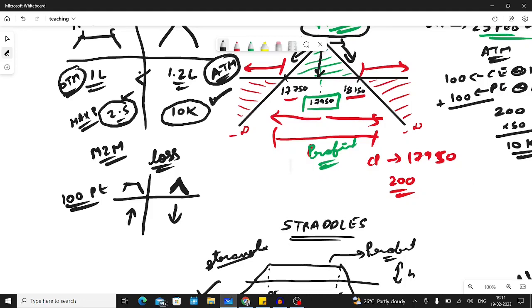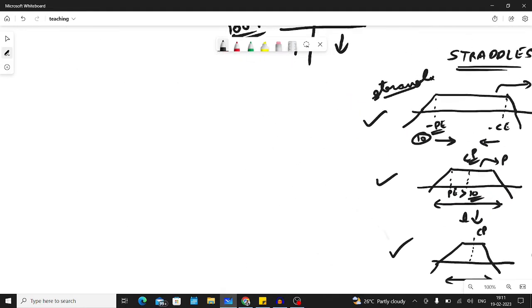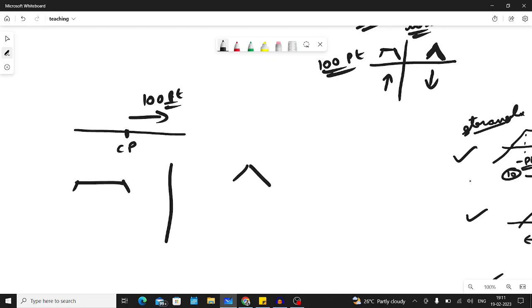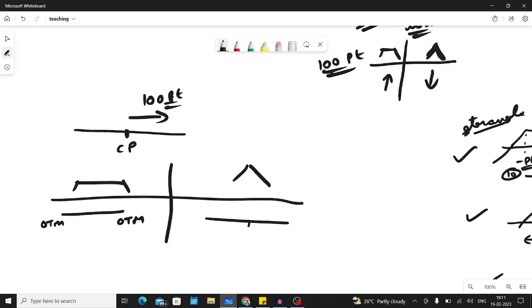Because let's say this is the current price and we have a 100-point move. So what will happen here is in a strangle both are out of the money options, right? Whereas in a straddle both are at the money options.